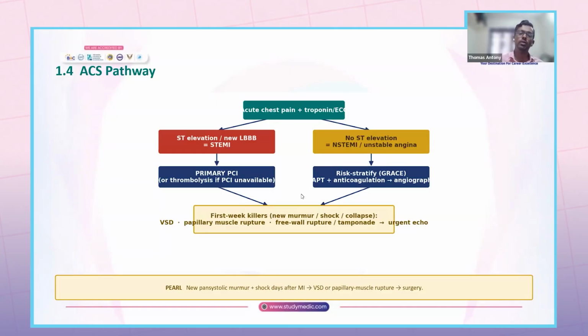So what if the patient is having NSTEMI? Then as we have discussed before, we have to risk stratify the patient based on the GRACE score. Depending upon the GRACE score, if it is high, then along with the anticoagulation, you might have to go for angiography.